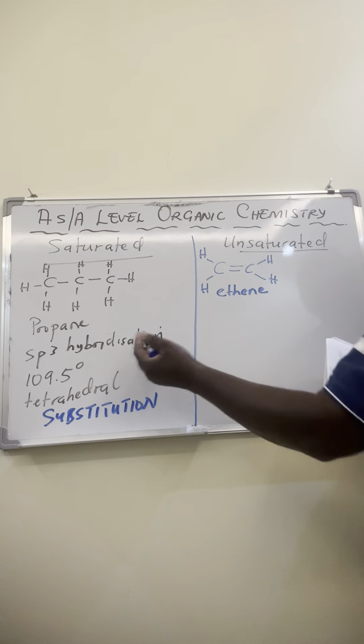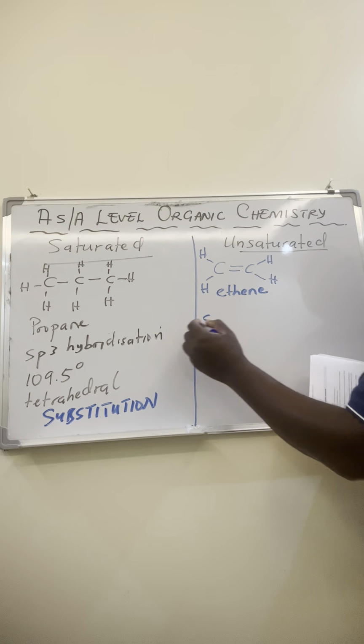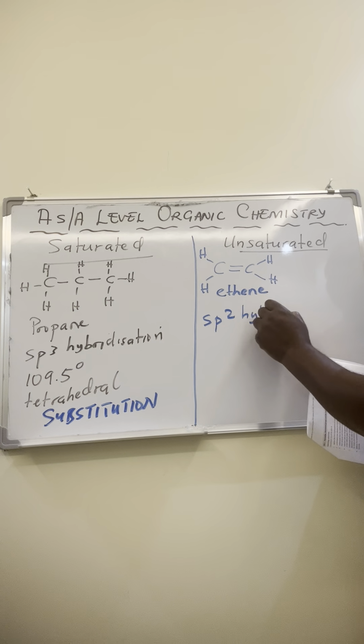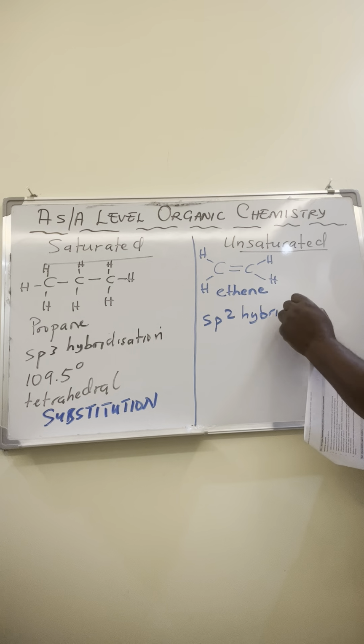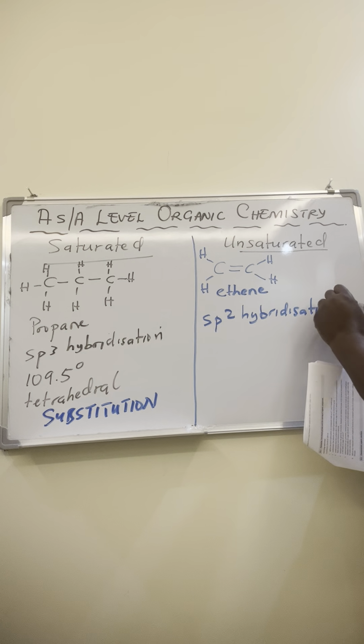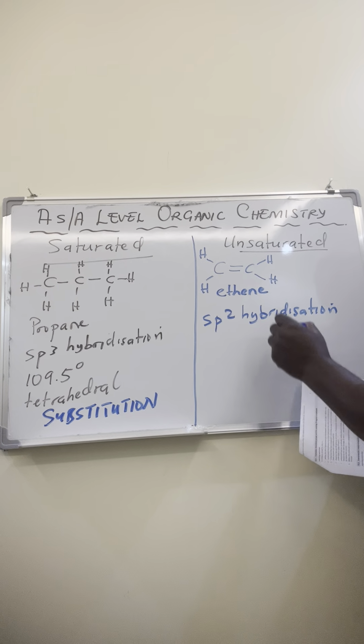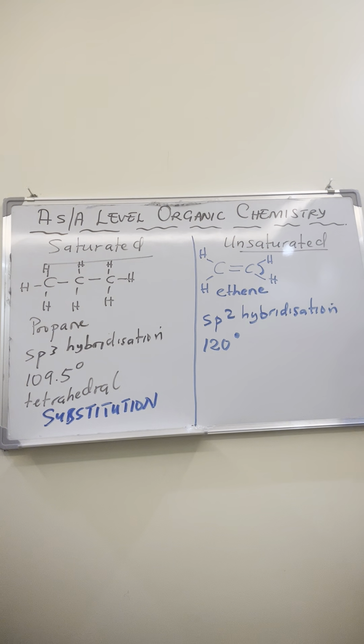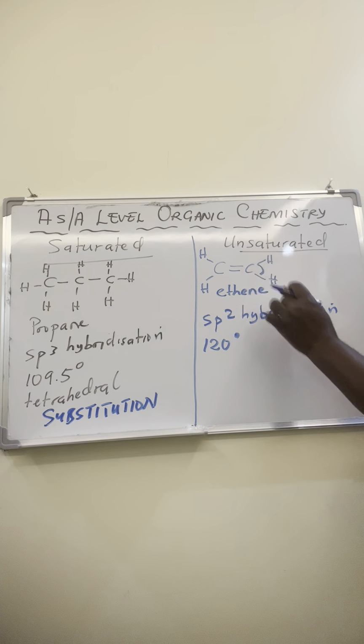These ones tend to show us sp2 hybridization. All your alkene molecules show sp2 hybridization, and the bond angle there is going to be 120 degrees.